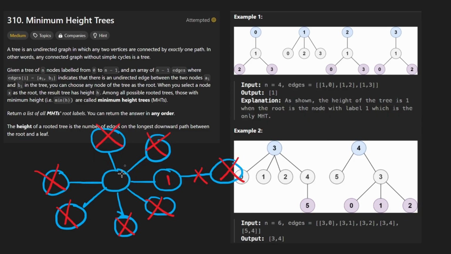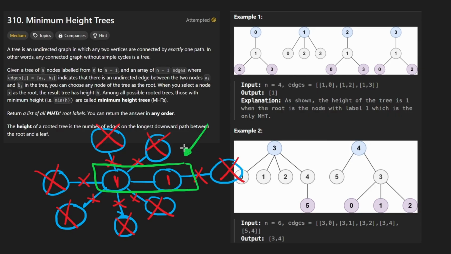This node had 1, 2, 3, 4, 5, 6, 7 edges connected to it, but we took out 1, 2, 3, 4, 5, and 6. Boom, boom, boom, boom, boom, and boom. So we took 6, and now there's only going to be one edge connected to this, and it would be the one right over here on the right. At this point, our graph is pretty symmetrical, and so we would return this as the result.